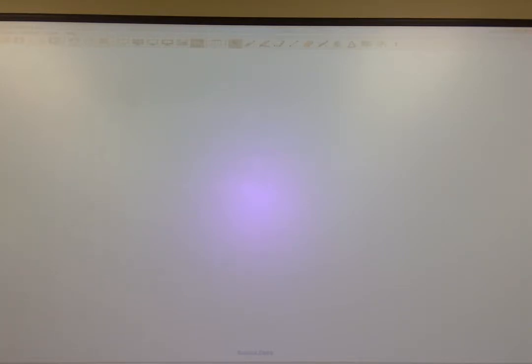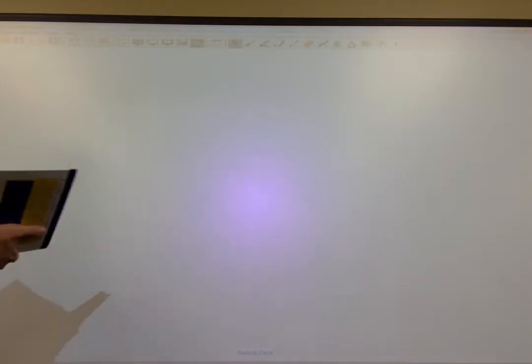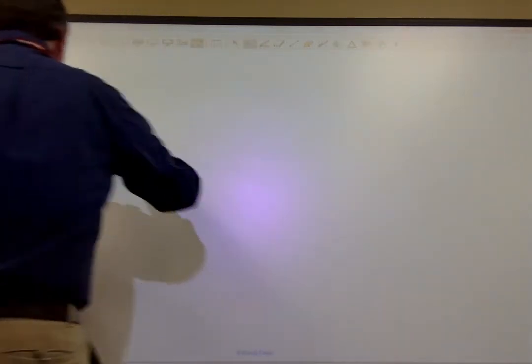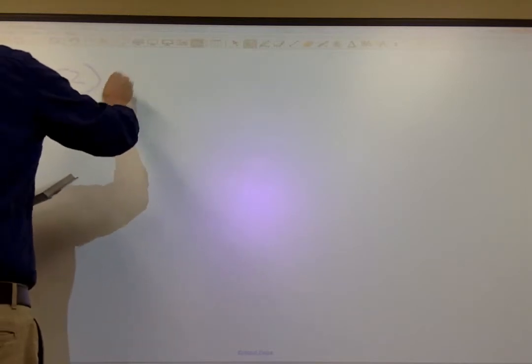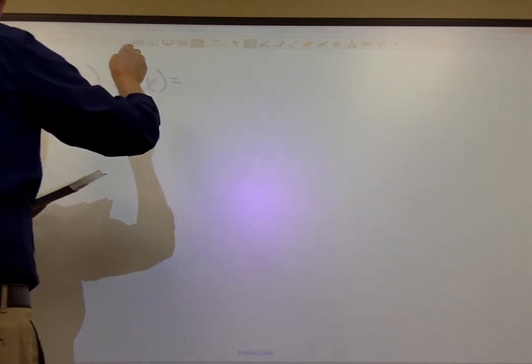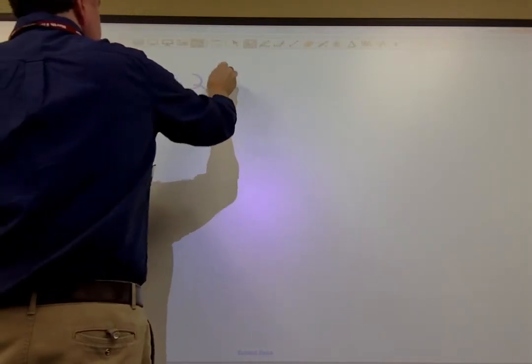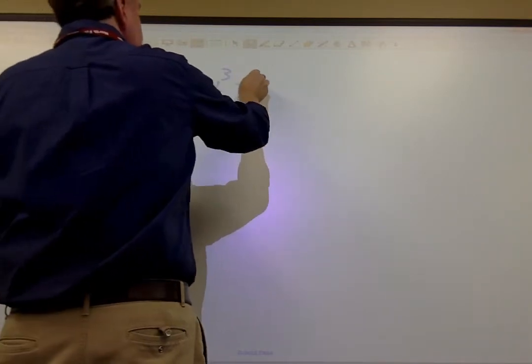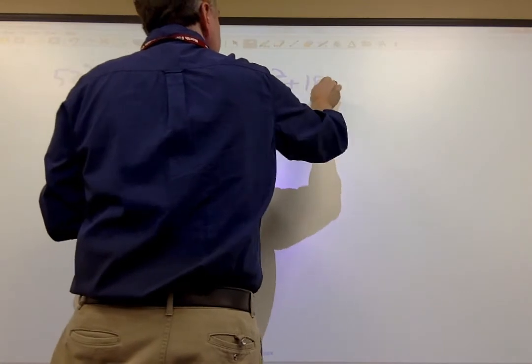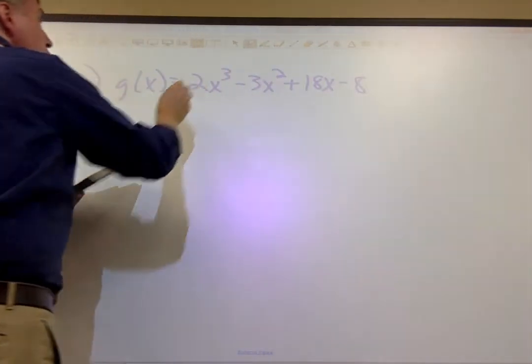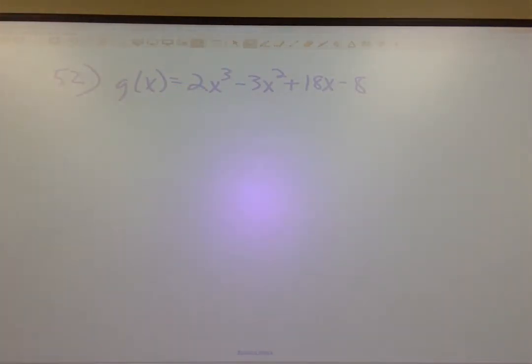Why don't we try 52, which will be much prettier than what we just finished, right? 52 says g of x is 2x cubed minus 3x squared plus 18x minus 8. The question is find the inflection points, if any. What's the first derivative?